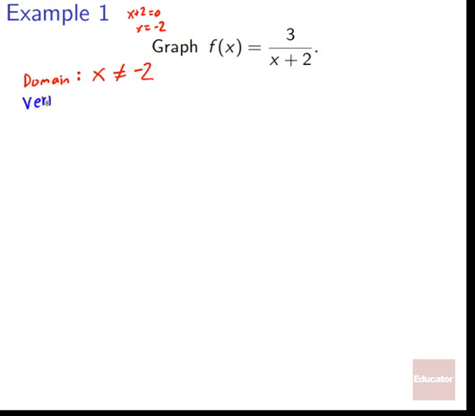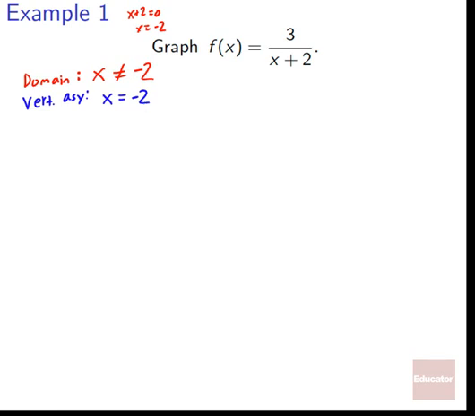Are we simplified? Yes, 3 divided by x plus 2 is already simplified, so that's going to be whenever the denominator is 0. So we've got a vertical asymptote at x equals negative 2, where the denominator becomes 0. So our domain location that is not allowed is our vertical asymptote here.